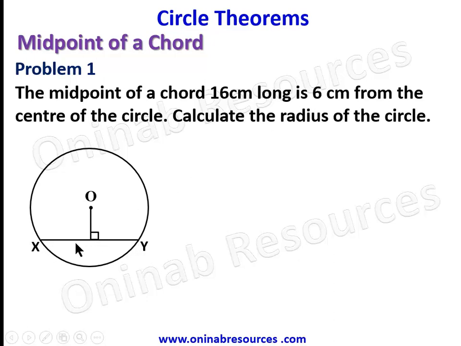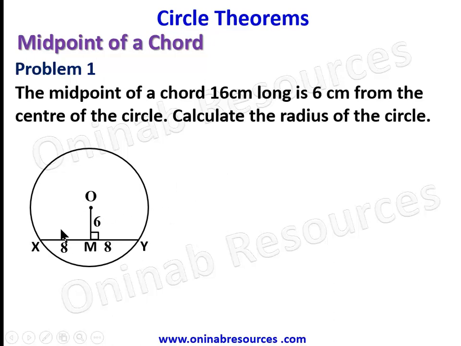Since this is going to be the midpoint, call it M. Since the chord is 6 centimeters from the center of the circle, we have 6 centimeters, and XY is 16. Therefore, XM here will be 8 and MY will be 8. That is the theorem of midpoint of a chord.